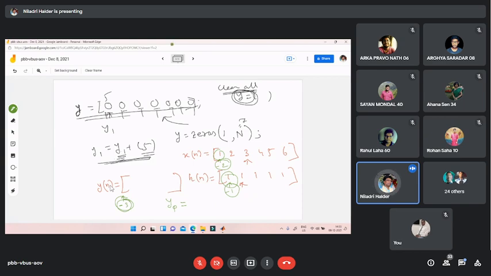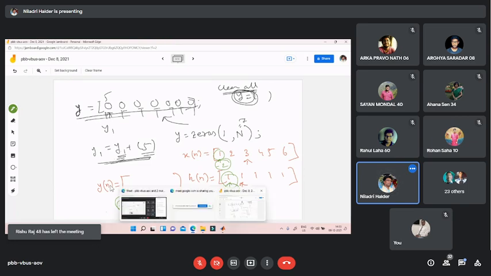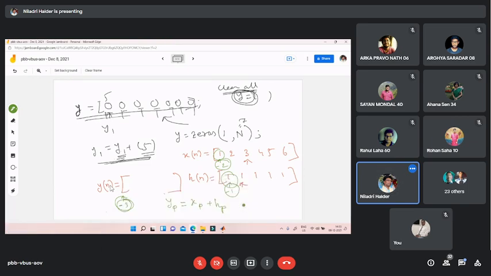So yp will be -2 plus -1. So xp plus hp gives you yp, the initial index position of the output y. Clear?